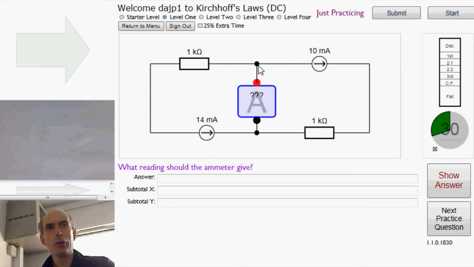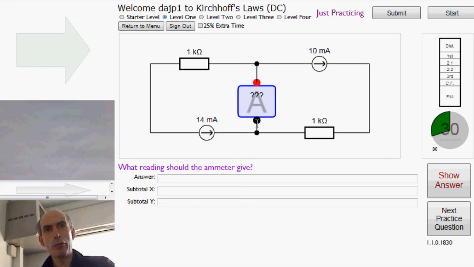So looking at that node here, we've got 10 milliamps going that way and 14 milliamps coming this way. Apply Kirchhoff's current law to that point in the circuit there, and we've got a total of 10 milliamps plus 14 milliamps, or 24 milliamps, that must be going up through the ammeter there.